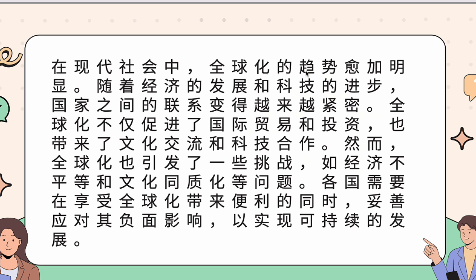The 趋势 is the trend. 愈加 gradually, 明显 is more and more obvious. 随着, it means along with. 经济的发展, so the development of the economy. 经济 economy, 发展 development. 和 and 科技 technology 的进步, progress, improvement. So the improvement in technology.